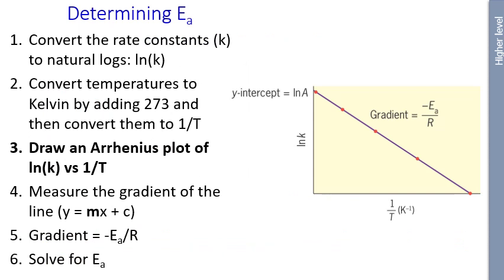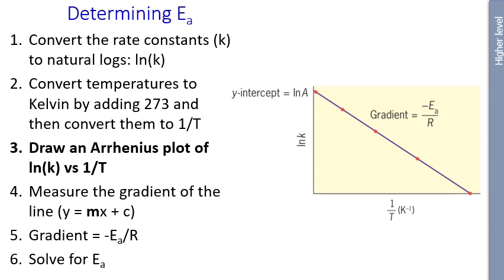So how do you determine the activation energy? Well, you have to convert the rate constants k into natural logs. You take the natural log of all the values of the rate constant, convert the temperatures to Kelvin by adding 273 if it's in degrees Celsius, and then take the reciprocal, and then you plot natural log of k versus 1 over the temperature.